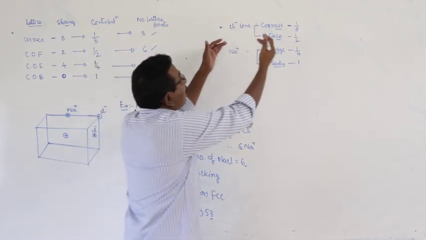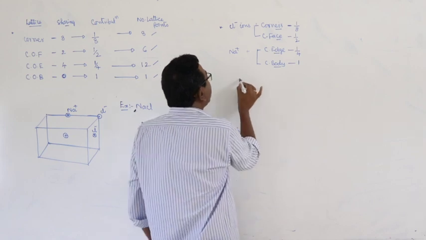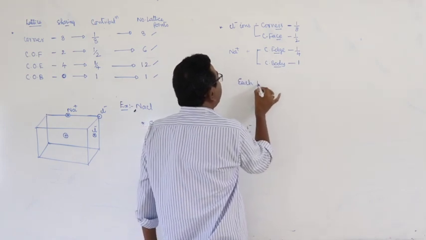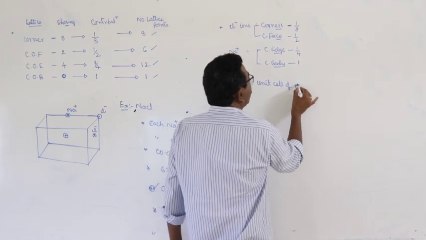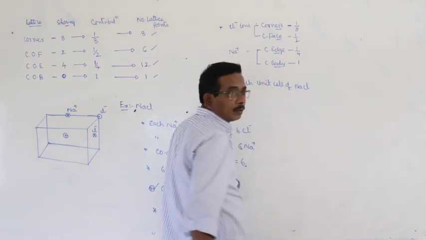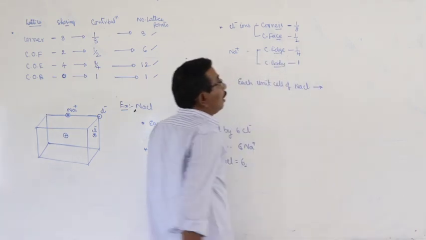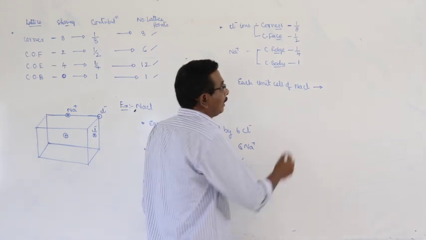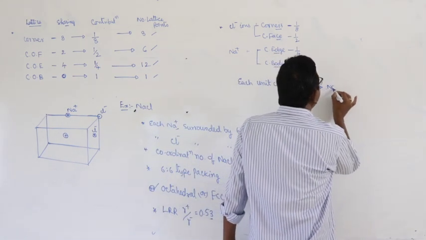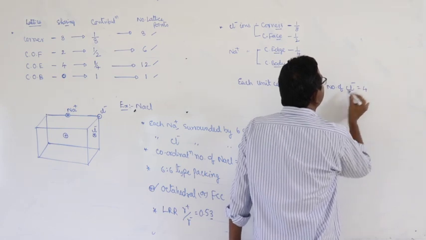How many Cl minus ions and Na plus ions are present in each unit cell of sodium chloride? Here, number of Cl minus ions is equal to 4.